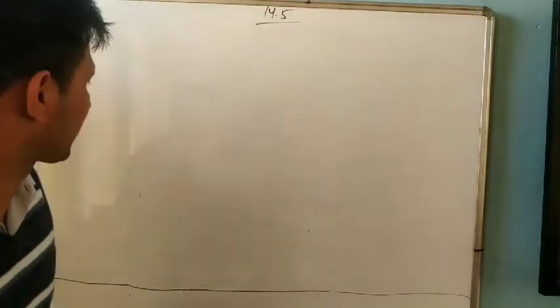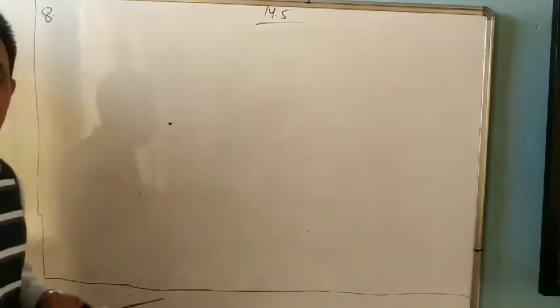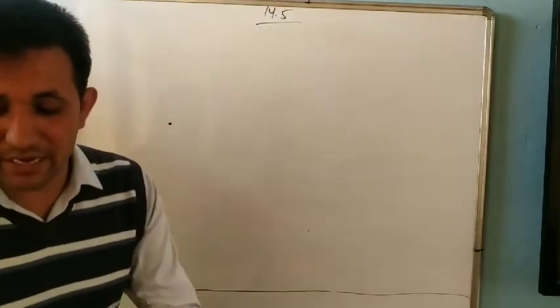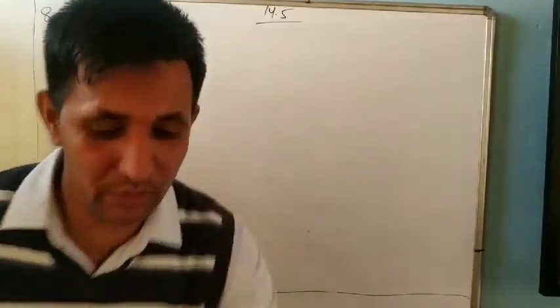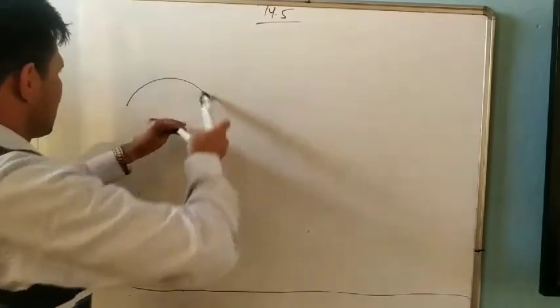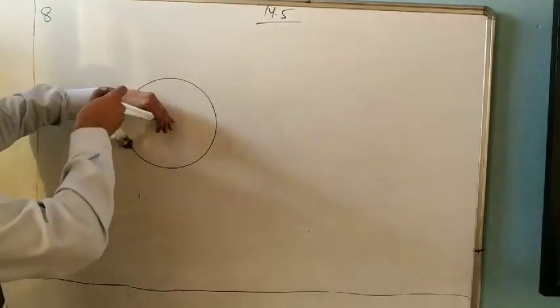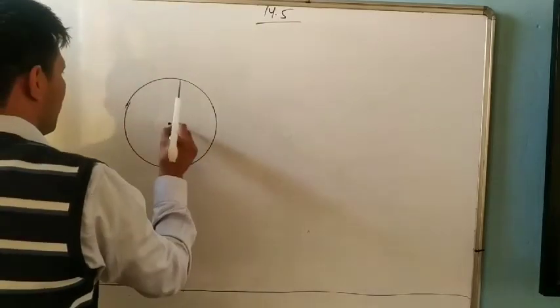Draw a circle with radius 4. Suppose first we open 4 centimeters like this and draw the circle. It is a circle with center O.